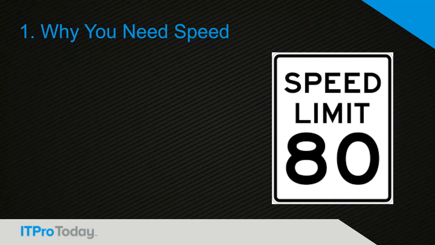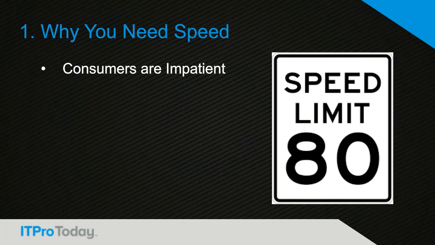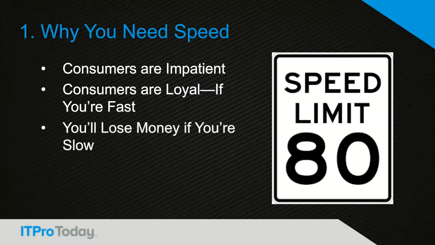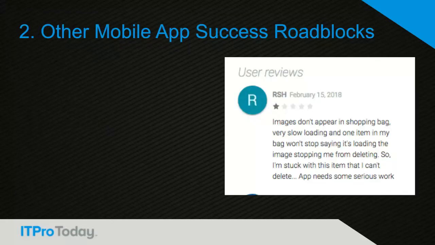Consumers, as we all know, are impatient. Maybe we've been impatient ourselves. I am certainly guilty of that. Consumers are loyal if you're fast, and you're going to lose money if you're slow. There are other mobile app success roadblocks to take into account.